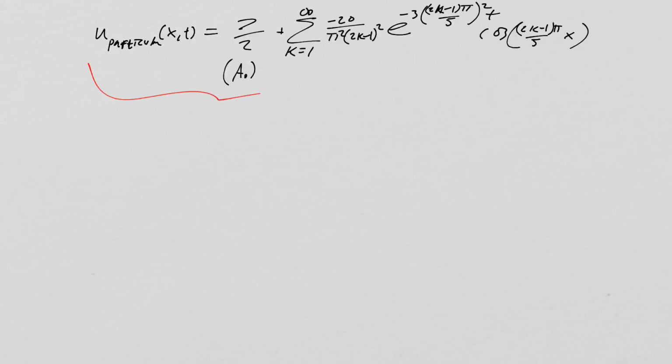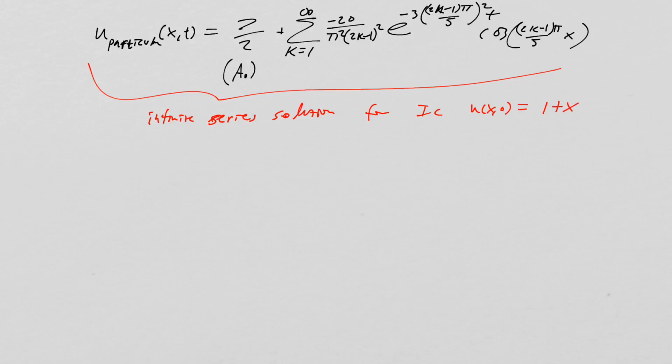That is the final solution. This is going to be an infinite series solution for the initial condition u of x comma 0 is equal to 1 plus x.